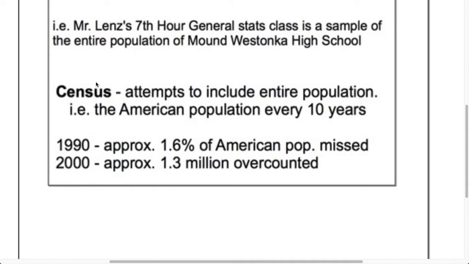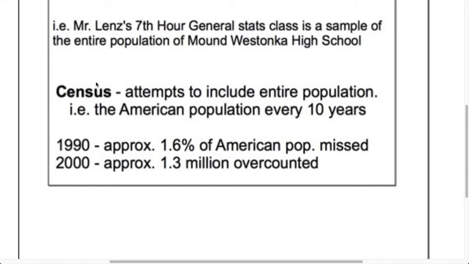Again, obviously that doesn't happen. It's technically not impossible, but it's about as close to impossible as you can get. But that is called a census when you try to get every single person in a population. So if I tried to get every single person at Mount Westonka to answer a certain question, that would be a census.